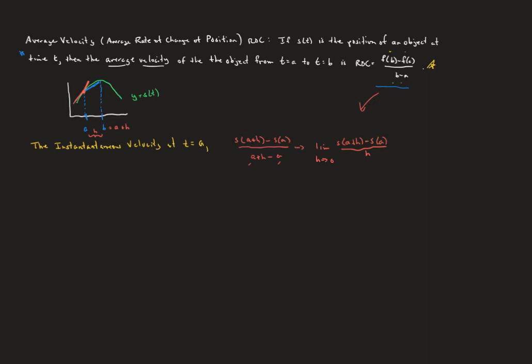Let's take a look at a graph here and talk a little bit about where an average velocity is going to be positive, where it's going to be negative, and where it's going to be 0. So let me choose a different color. I'll pick green. Our curve is going to do something like this.